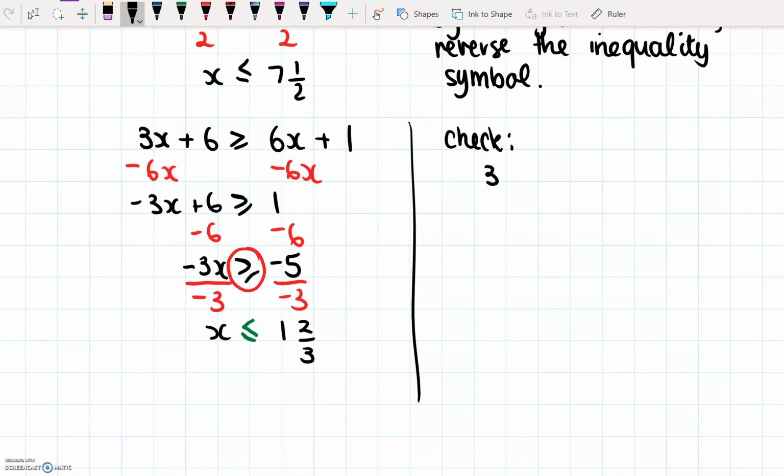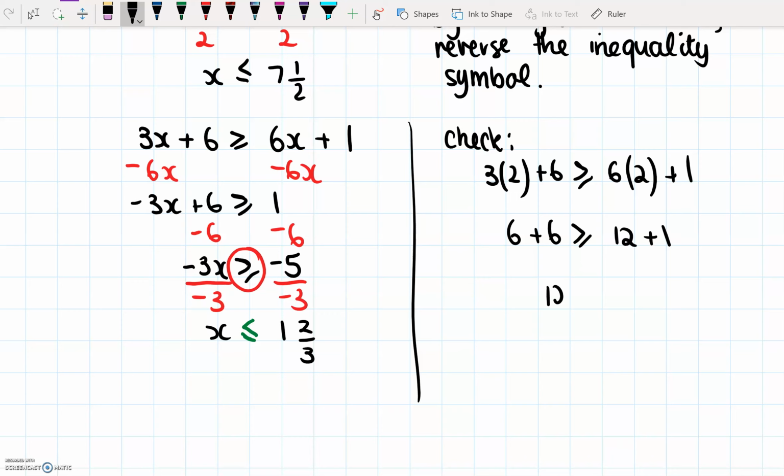So we get 3 times 2 plus 6 is greater than or equal to 6 times 2 plus 1. 3 times 2 is 6, so 6 plus 6 is greater than or equal to 12 plus 1. 6 plus 6 is 12, is greater than or equal to 13. And we know that this is not true. So that shows that our answer shouldn't be that x is greater than. We did the right thing by reversing. You don't normally need to do this check as long as you follow your rules.